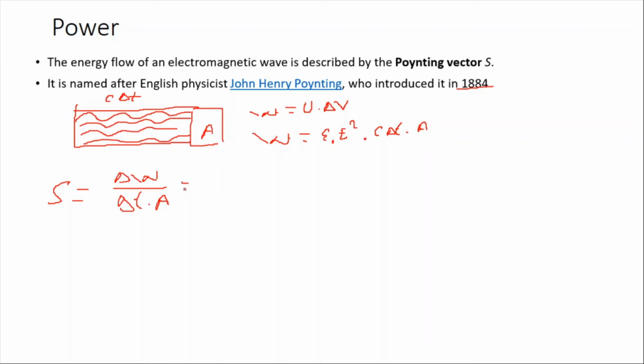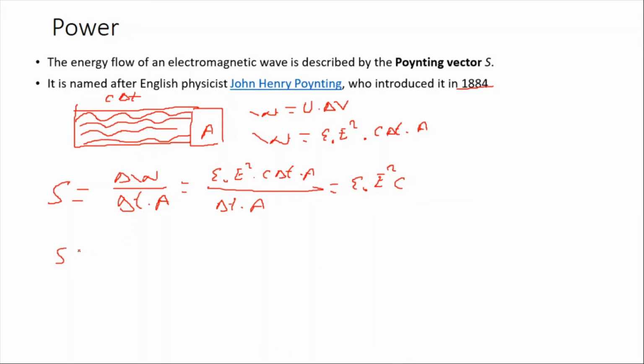So it is going to be equal to, instead of delta V, I'm going to write this formula: epsilon 0 E squared times c times delta t times A, divided by delta t times A again. A and A, delta t and delta t cancel each other. We are left with epsilon 0 E squared times c. This is the power delivered to the surface.